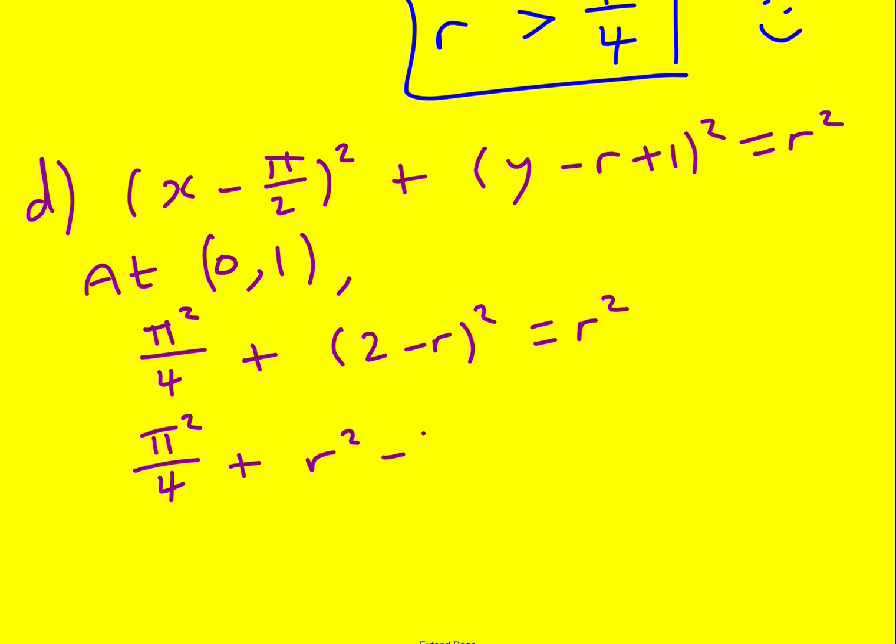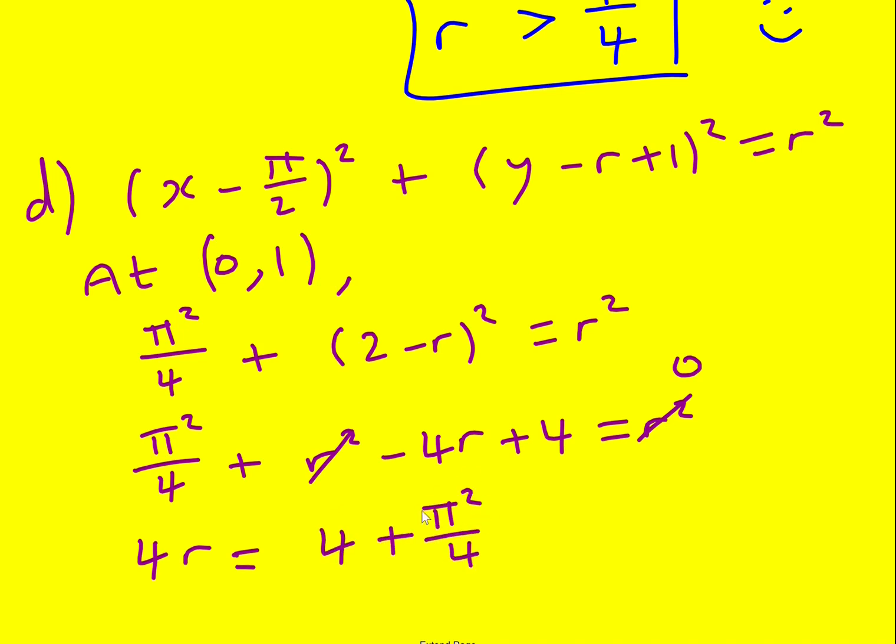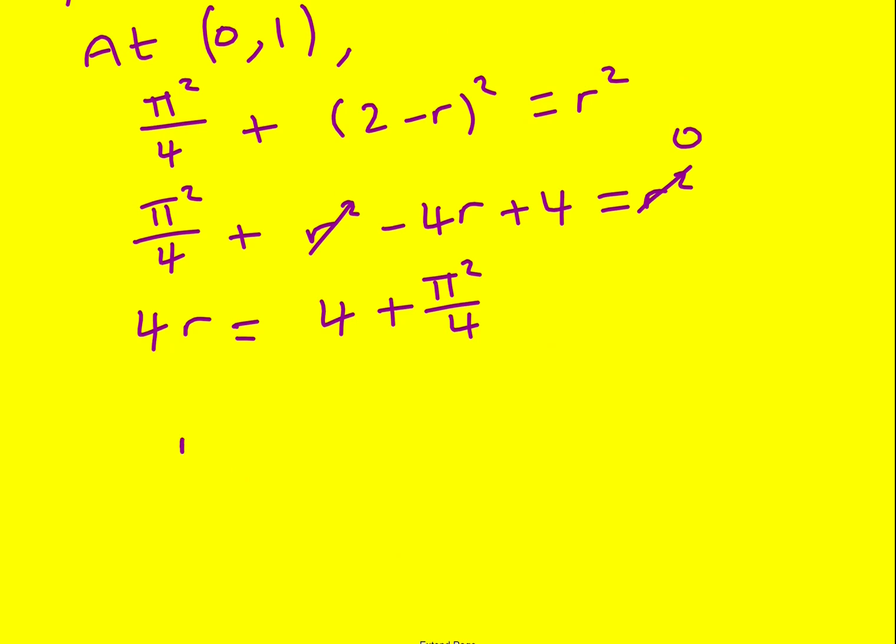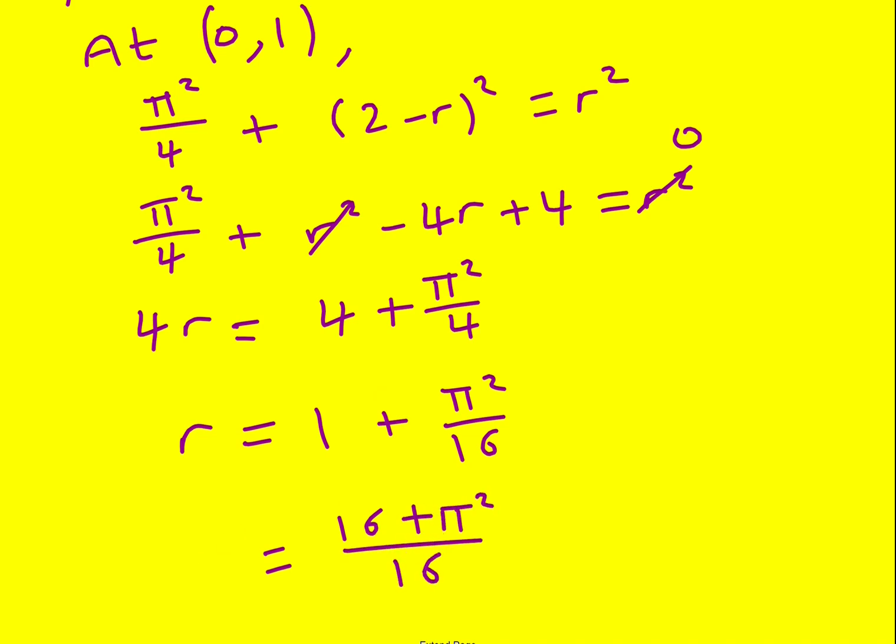So I'll get r² − 4r + 4 = r², and these can cancel. So I'll have 4r = 4 + π²/4, and therefore r will equal 1 + π²/16. I could alternatively put it all over a common denominator, couldn't I? (16 + π²)/16. Okay, nice job.